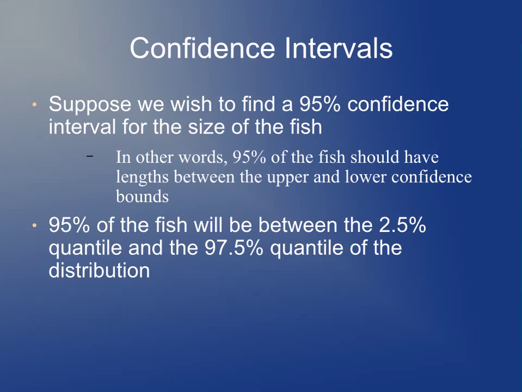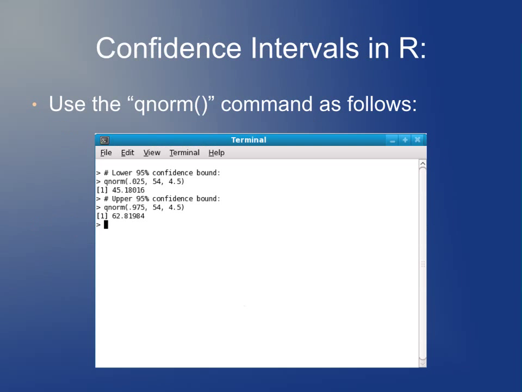And to give you a preview of coming attractions, let's say we want to find a 95% confidence interval for the size of a single fish that we pull out of the lake. We want 95% of the fish to be between the upper and lower bounds. So 95% of the fish will be between the 2.5% and 97.5% quantiles of this distribution. So let's use qnorm twice.